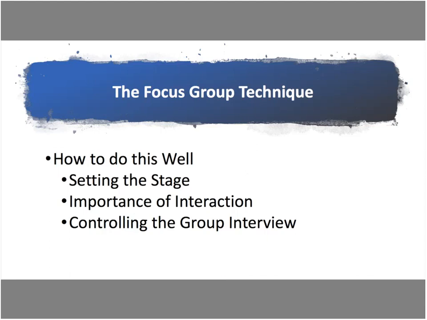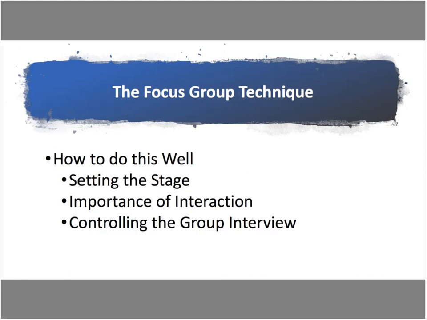So a few things on focus group technique. You want to think a lot about the technique of producing the data in a focus group discussion. And there's three things that I think are important to think about. First, setting the stage for the focus group, making sure you're creating a space in which people want to engage.